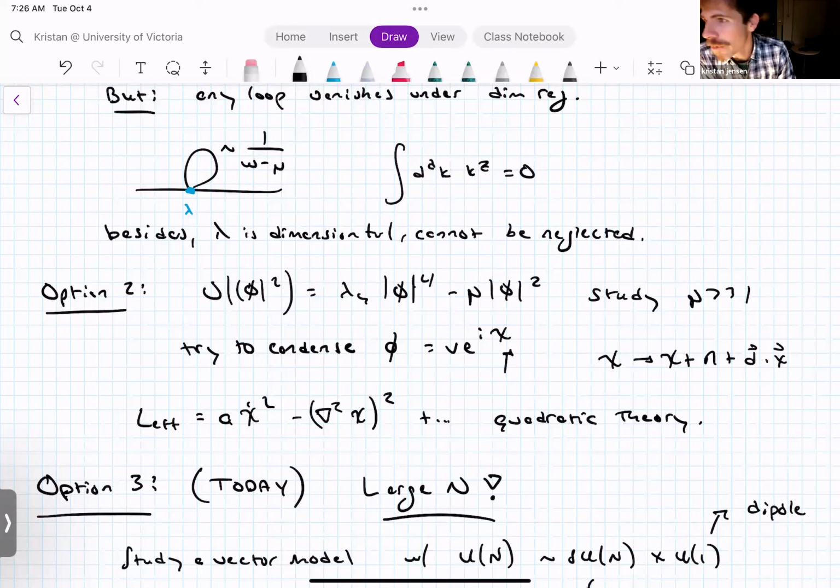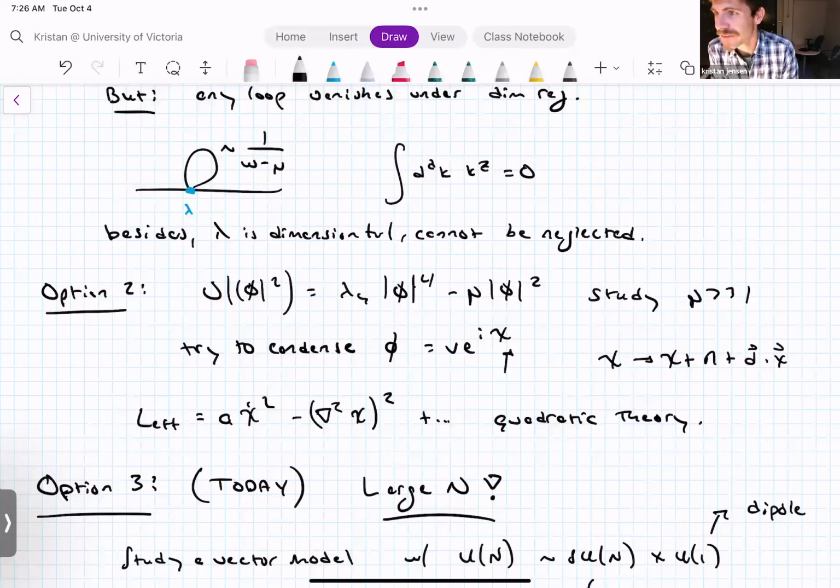But, if they are small, so you try to condense the scalar, and then it turns out that the Goldstone field, the phase field that you get, well, if you ask how these various symmetries, the U1 and the dipole, would act on it? Well, U1 would act as a phase shift, the usual way.